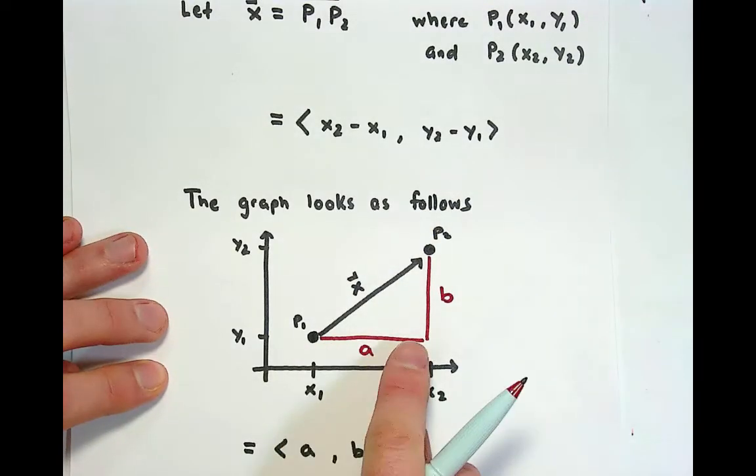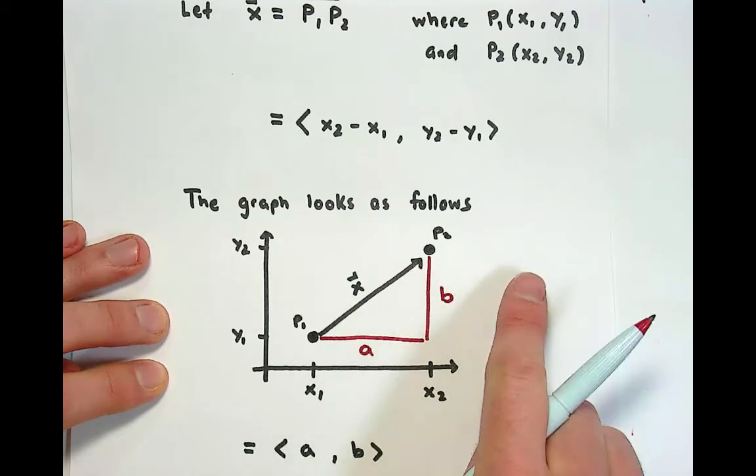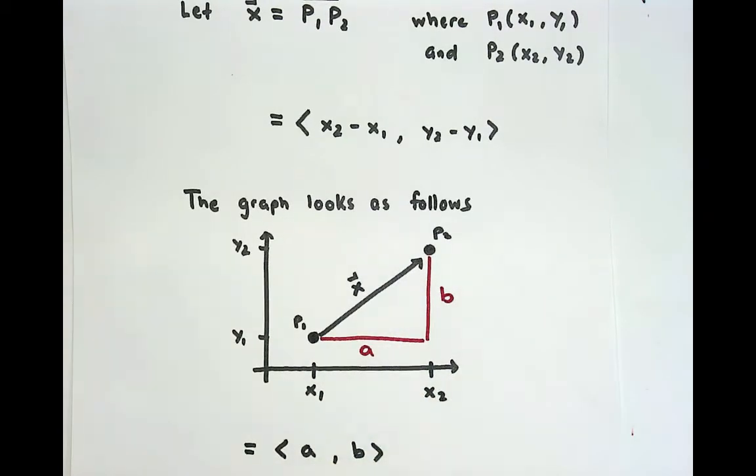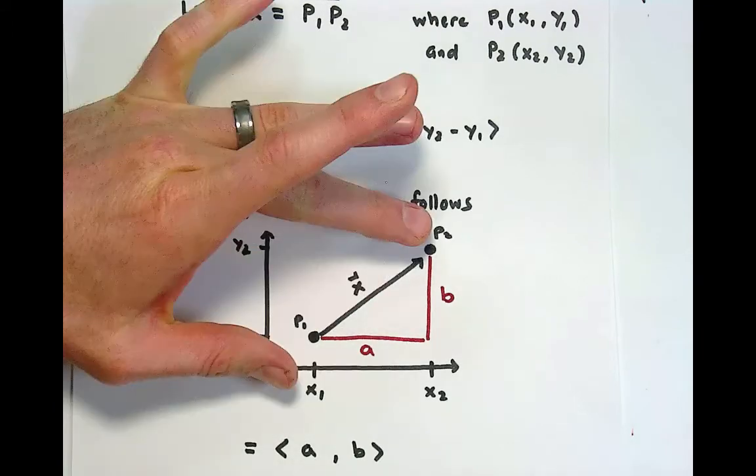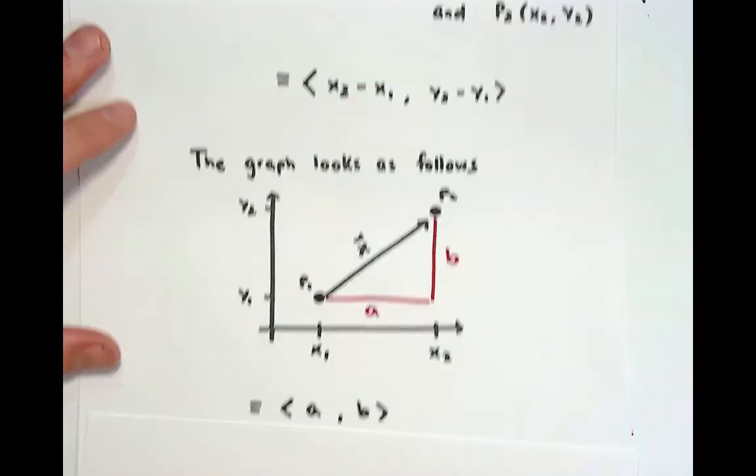Rise over run, B over A is the slope, if this was to be a line. Directions are for vectors, slopes are for lines. Now the question that we want to ask ourselves is, how would we find the magnitude, the length of this vector?